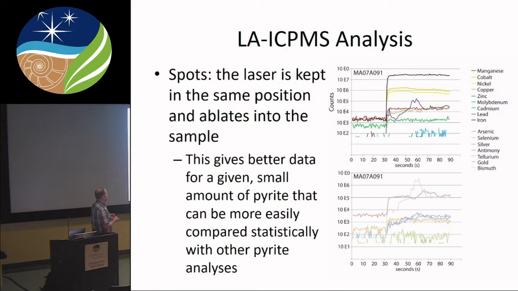When it's relatively flat like this, it's generally been assumed that the trace elements are held within the structure of the pyrite, whereas if we get peaks like this, it's been interpreted that those are indicative of micro-inclusions within the pyrite. Now, this is useful in some regards, but we can't really tell with a 35 micron spot whether this is held within the structure, or whether it's in evenly distributed nano-inclusions.